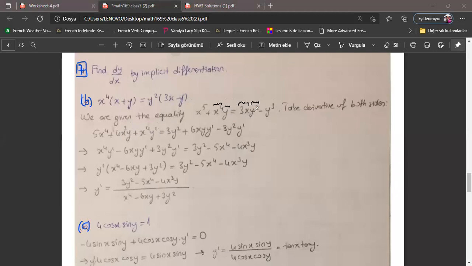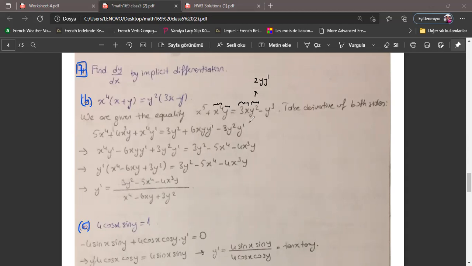So we have 3y squared, since the first one's derivative is 3, plus 3x times this one's derivative, which is 2y times y prime. We have this term here, and this one's derivative is clearly this.